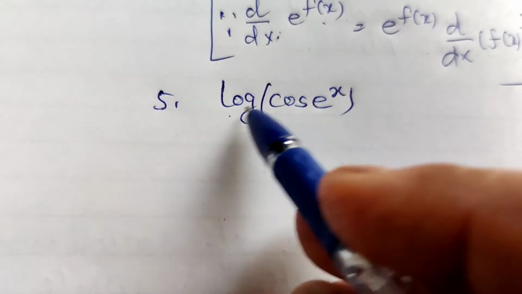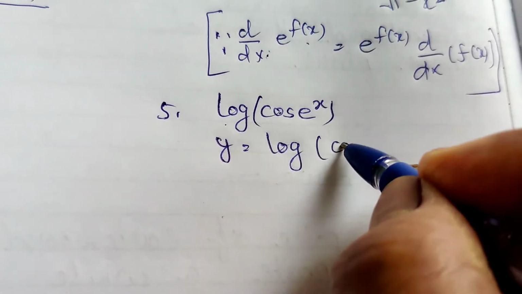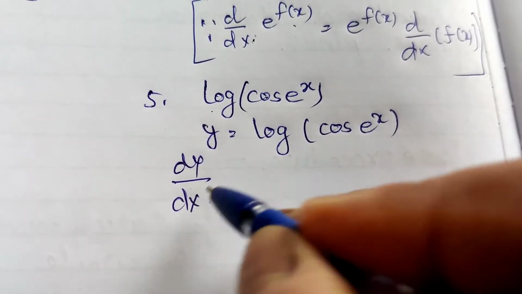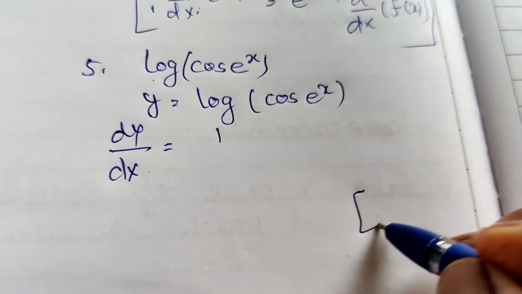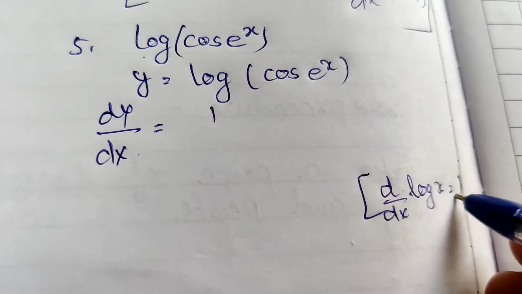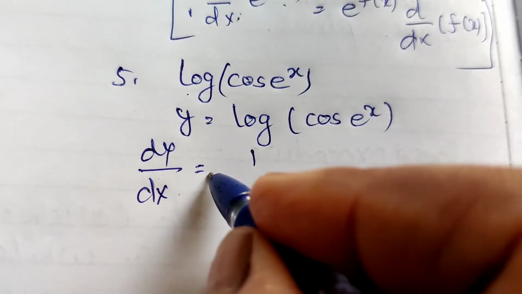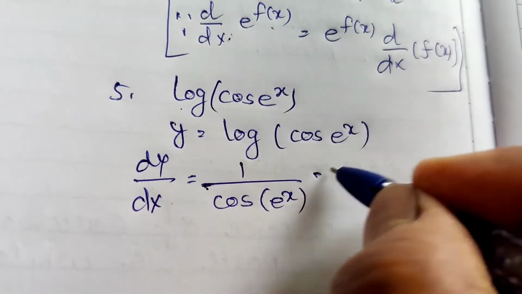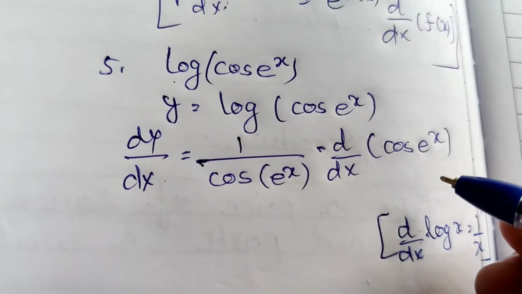The function is log cos e raised to power x. Let y equal to log cos e raised to power x. Now dy over dx. The differentiation of log x equals 1 by x. So we can write 1 upon cos e raised to power x, and d over dx of cos e raised to power x.